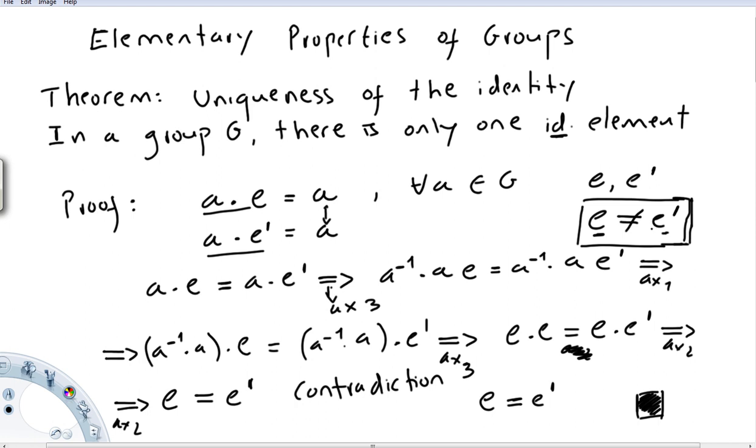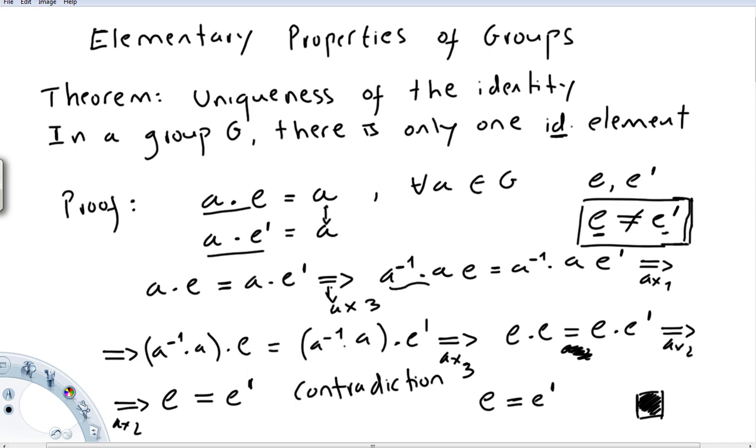A times the identity equals A, and A times the other identity, E prime, equals A. Since those two both equal A, A times the identity equals A times the identity prime. Then we left operated, or multiplied, by the inverse, by axiom 3, since we are in a group.